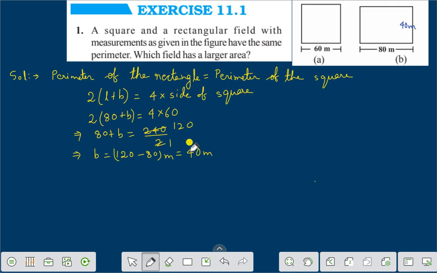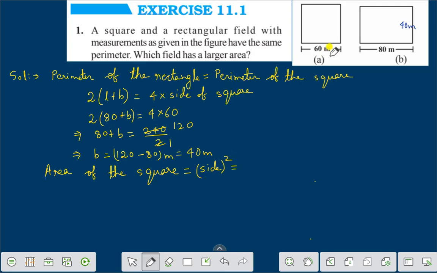Now we'll find the area of the square. Area of the square is equal to side into side, or side square.